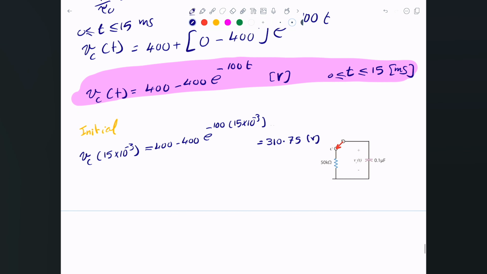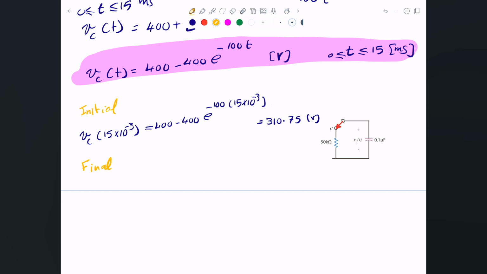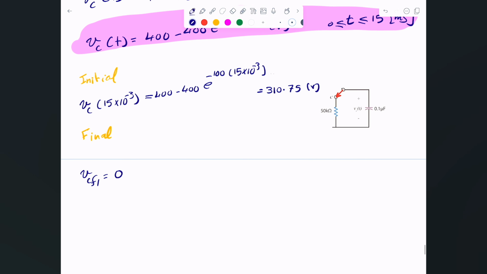And then what do we need? We need the final, and hopefully you can recognize that in this case I don't have to redraw that circuit, because VC final 1 will be simply 0. It will give all this energy, the resistor will consume that energy, and that's it, if we wait for a very long time. Now we need to find tau.